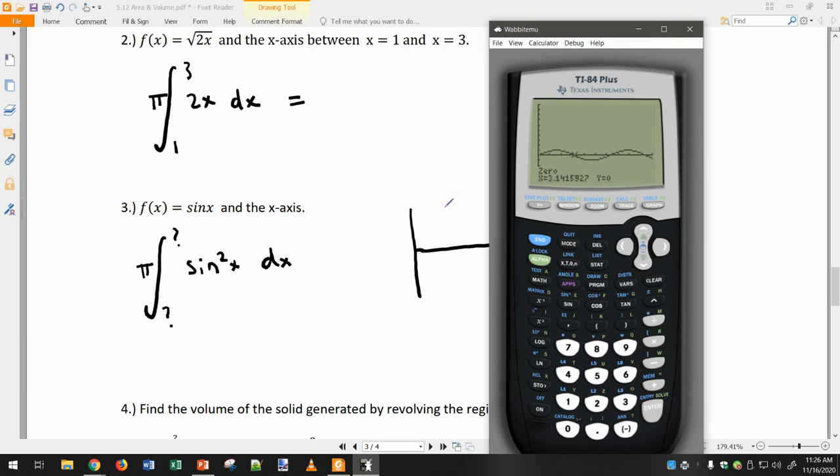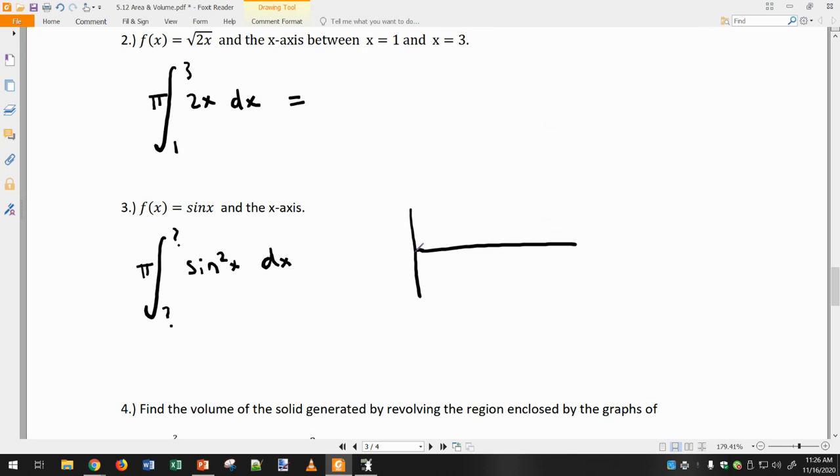It's pi. So our region is going to be like this, from 0 to pi, but then we're going to rotate it 360 degrees and cut it into slices, remember, just like the cylinder, just like the sphere. So this is going to be 0, and this is going to be pi.